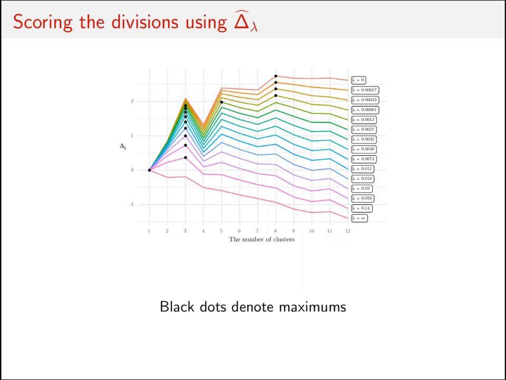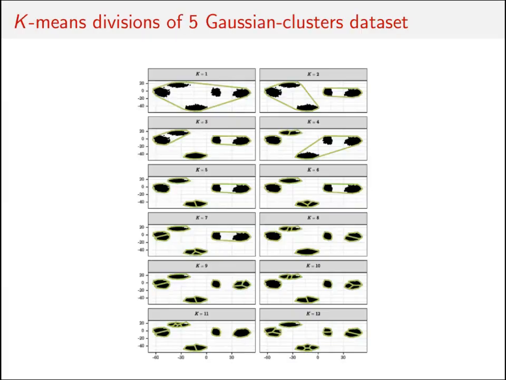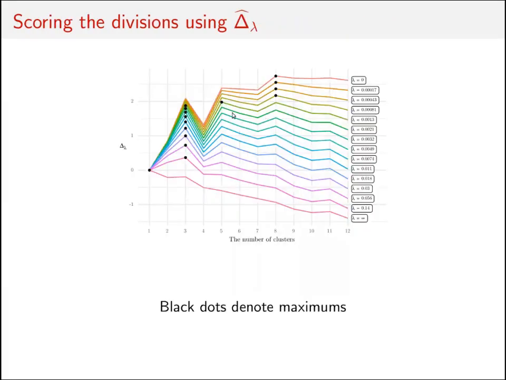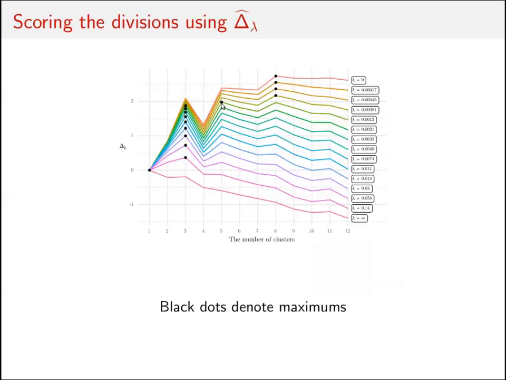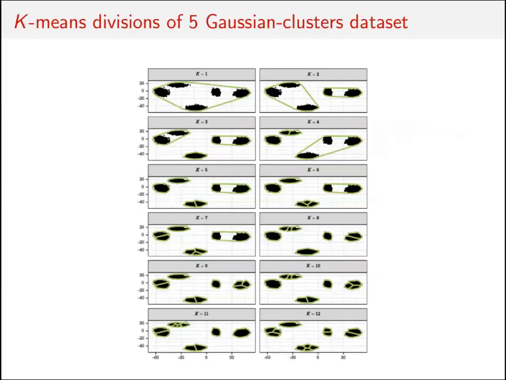And this is not a promising picture, because although the maximizers of the delta functions have 3 or 8 clusters, here we had 5 clusters. It's a bit disappointing that here we've got only one point at 5 clusters. But if you look closely, you can see that this k-means proposition for 5 clusters was a bit disappointing too, because it wrongly joined these 2 clusters and wrongly split this 1 cluster.